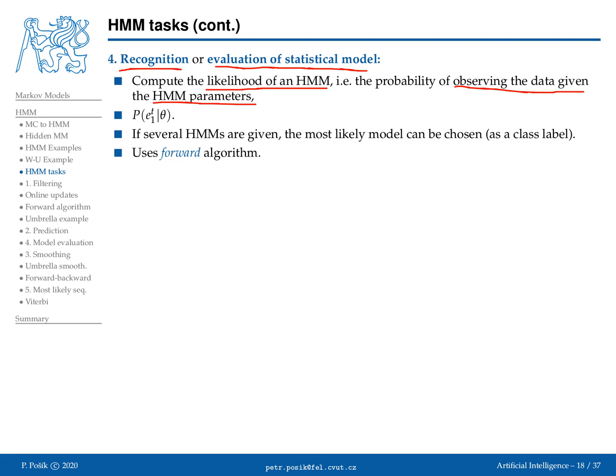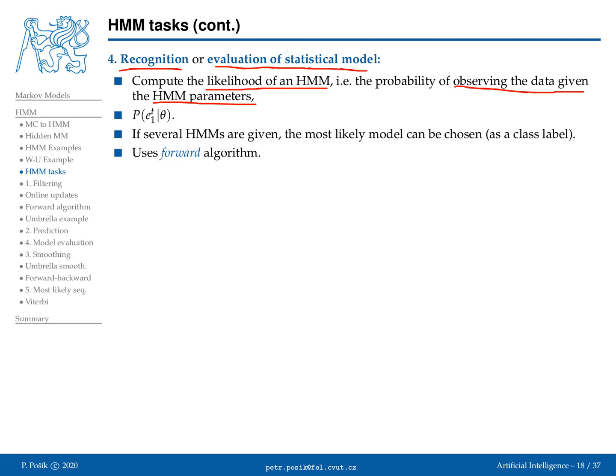So you may have, for example, a hidden Markov model that generates various sounds, given, I don't know, some hidden states, and you may then, after observing or listening to the sound, decide which of the models basically produced it.